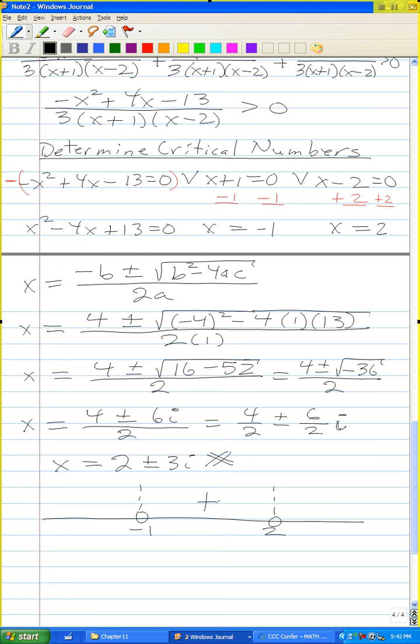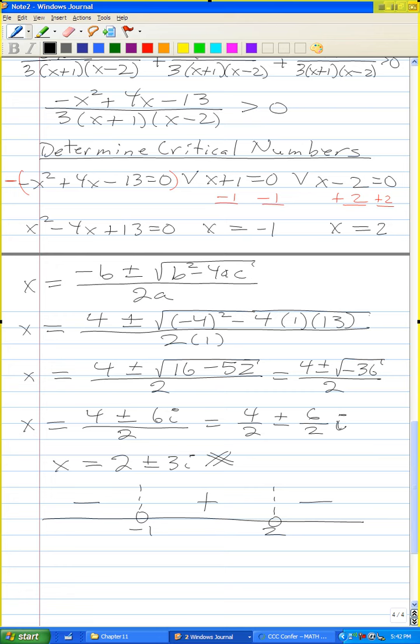At the root 2, well, 2 has multiplicity 1. It's a simple root. Therefore, since it has odd multiplicity, when I cross the root, it changes sign from positive to negative. At -1, the root has multiplicity 1. It is odd multiplicity. Therefore, when I cross the root, it will change sign to negative.